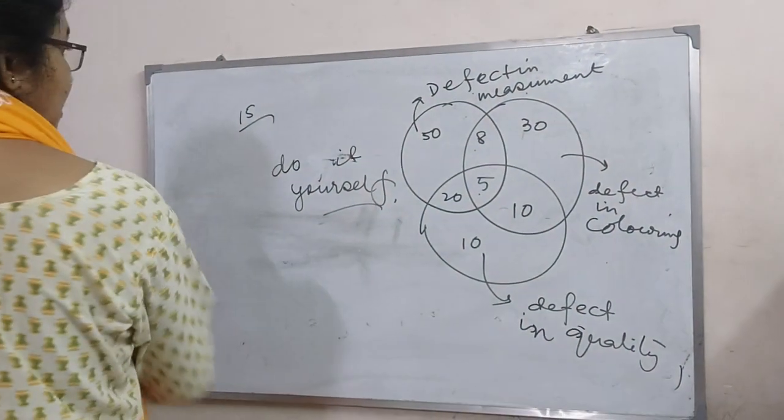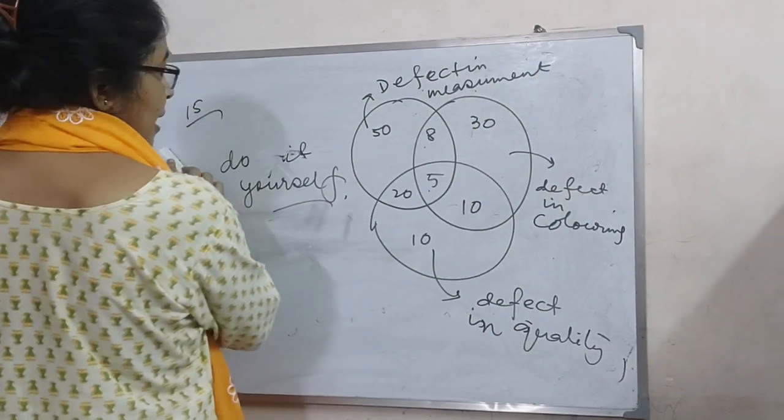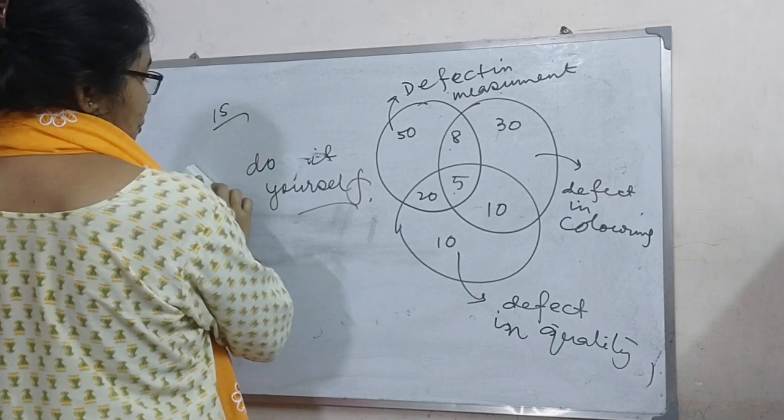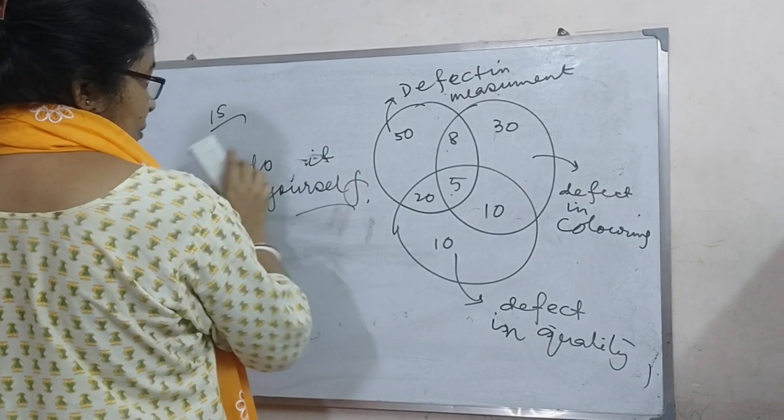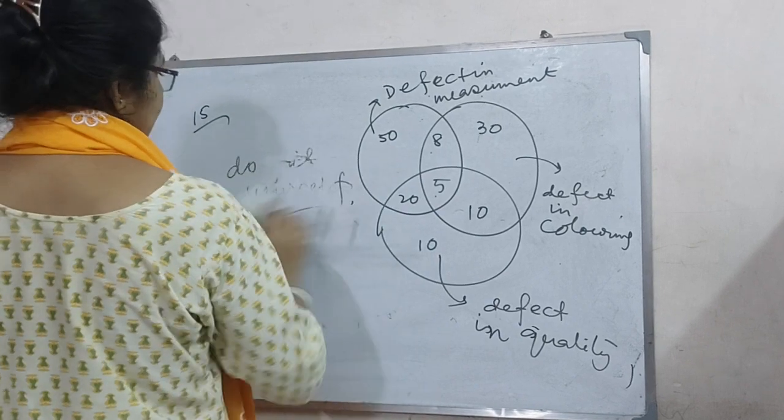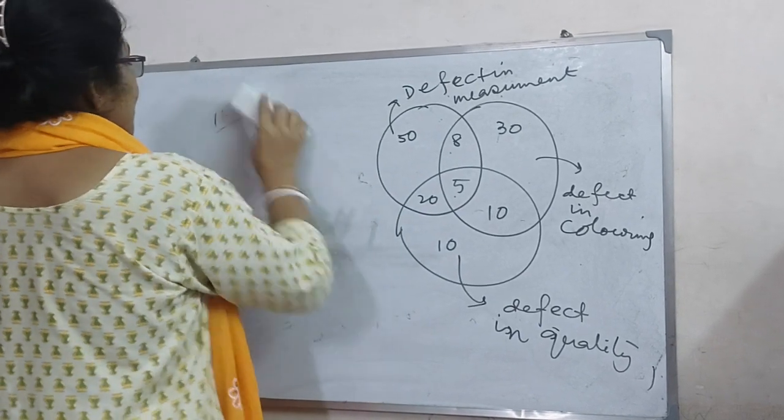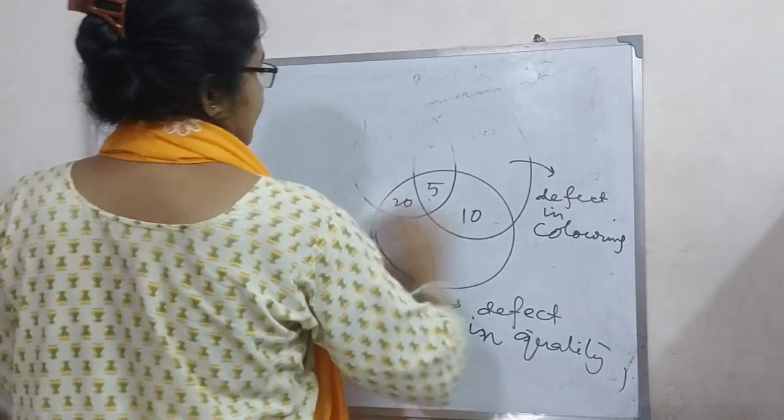This is sum number 22. But by the Venn diagram of 15 you will solve the problem.